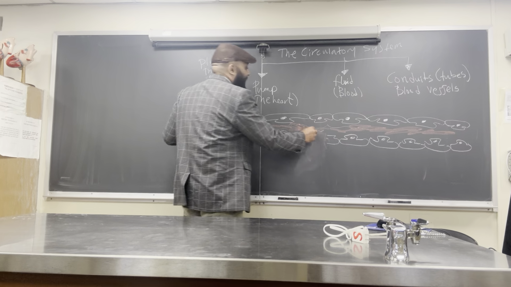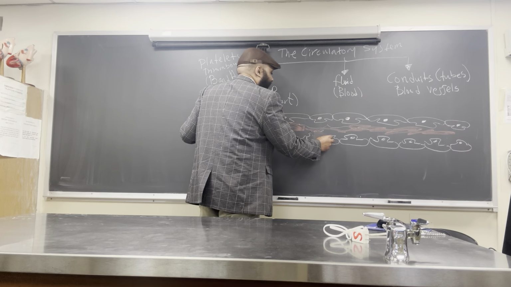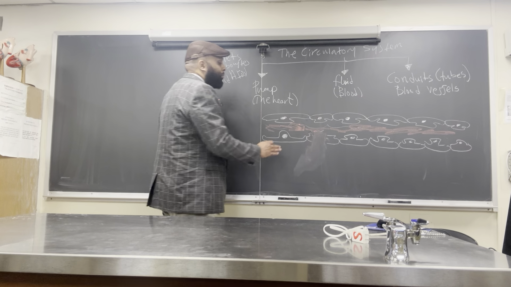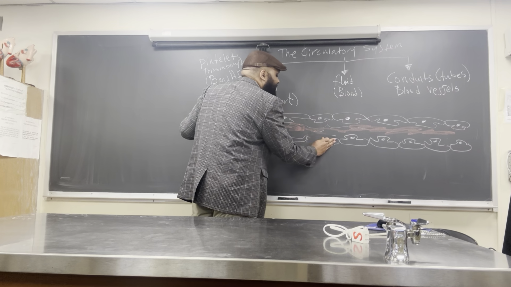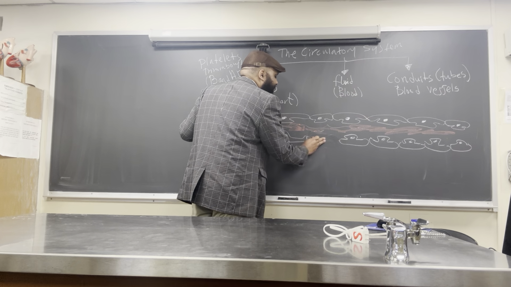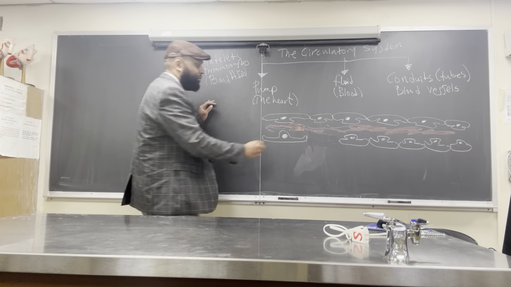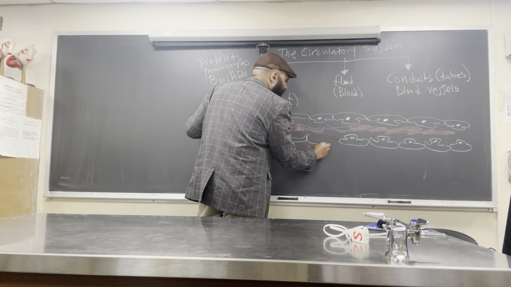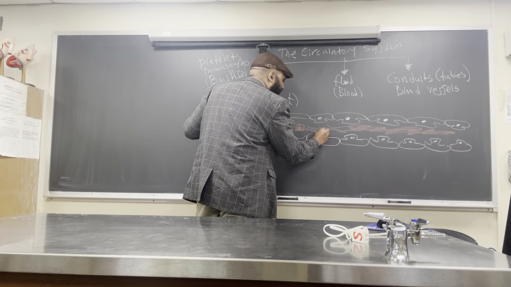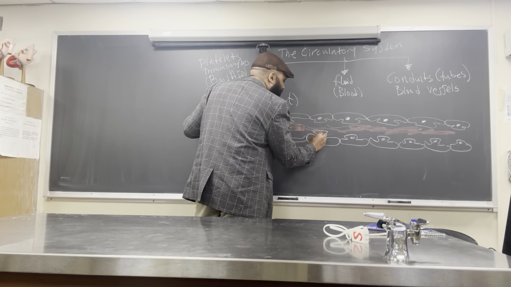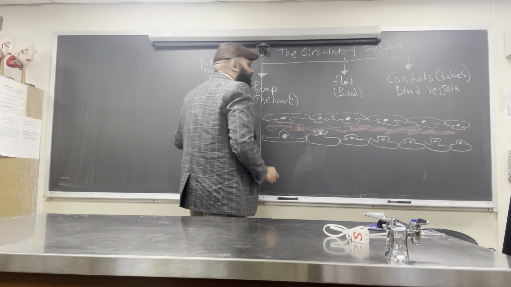So they're going to make a plate here, and then there is a process where new blood vessel cells are going to start to arise. So now you're going to make a new blood vessel cell in place of the one that was damaged.